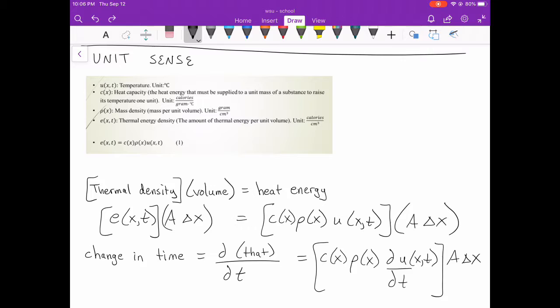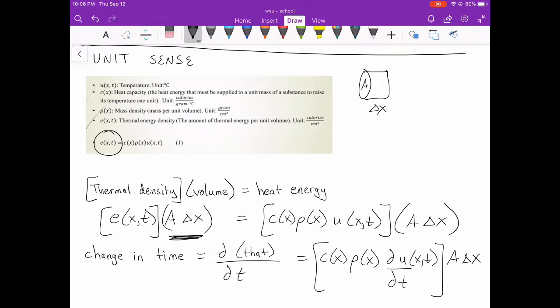So the thermal density times the volume is going to be the amount of heat energy that's actually in a place. This E equation that she gave us is the thermal energy density. That's this part. And then you just multiply that by the volume, which in the picture that she drew is this little chunk of cylinder that's got the area for the circle, and then the thickness of it would be delta x.